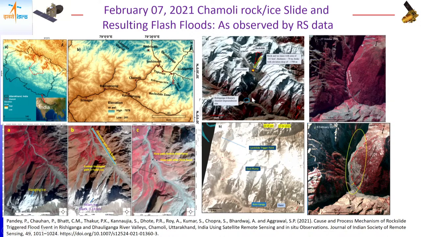So the entire water came with the debris, and in the pre-image and the post-image, you can see here more than 100 meters of flood water was observed using the satellite data.